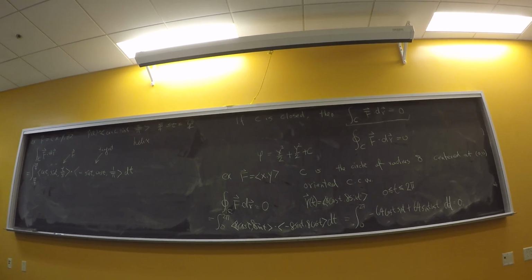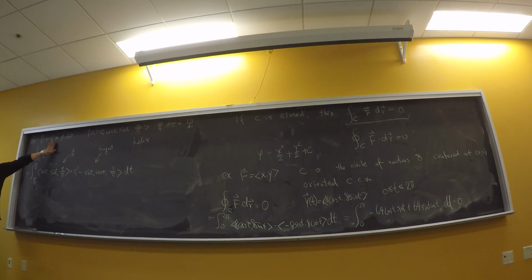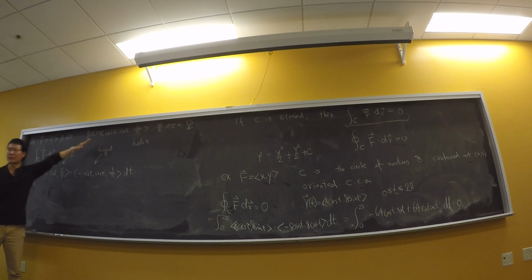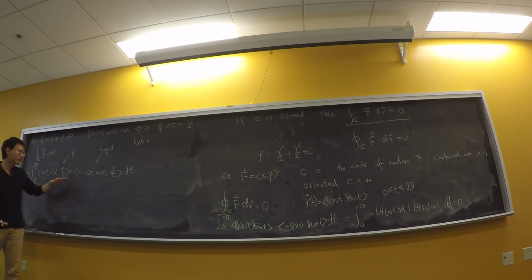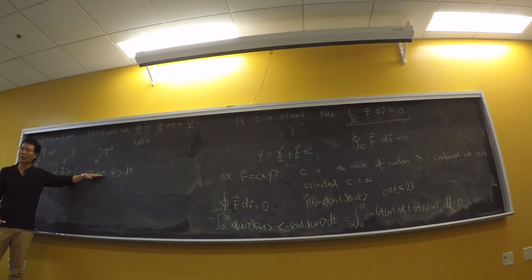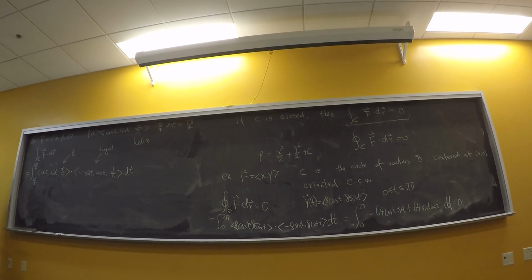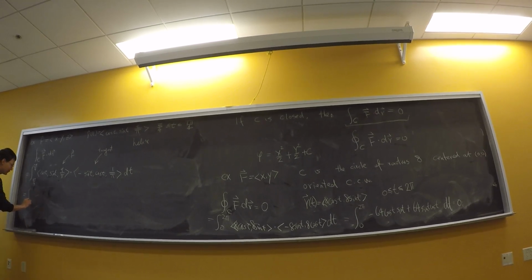So taking the line integral, the key step is to represent your curve in parametric form. If the problem already provides the parametric equation, the evaluation is pretty straightforward. You just need to stick in the x, y, z for the vector field, and then the derivatives for the tangent part. Okay? And this is from 3 pi divided by 4 to 7 pi divided by 4.